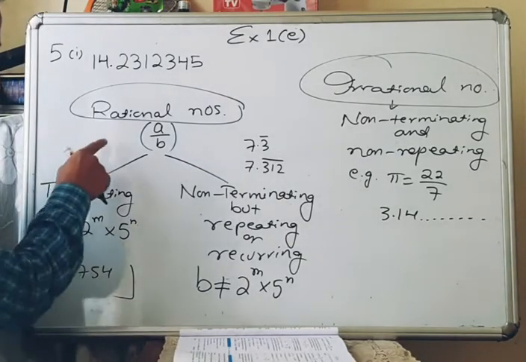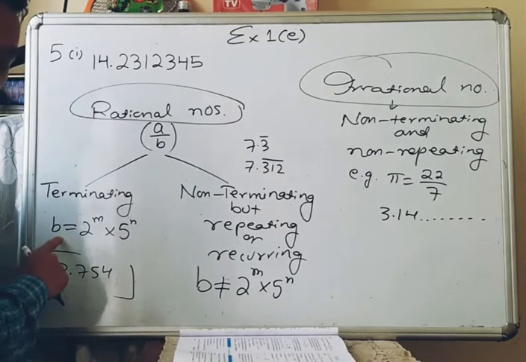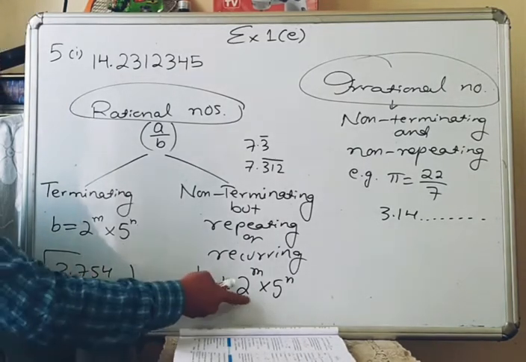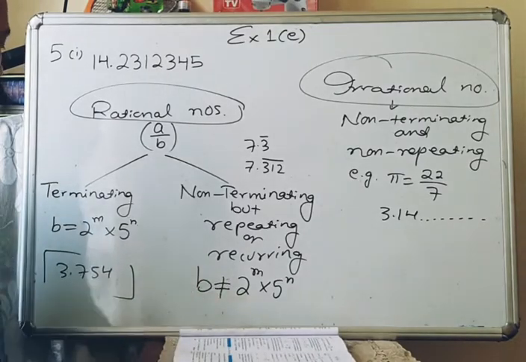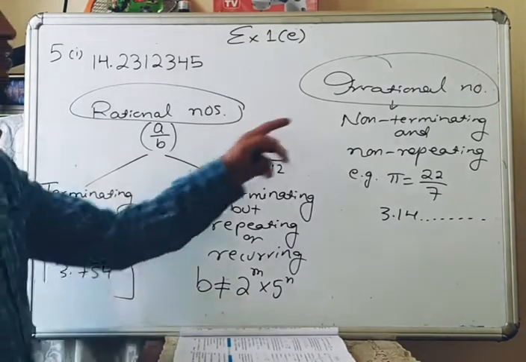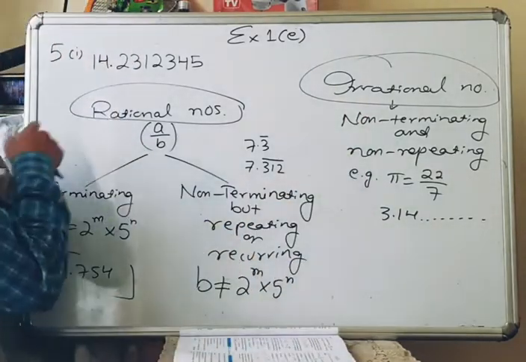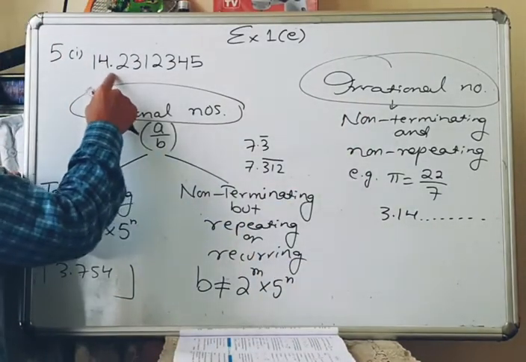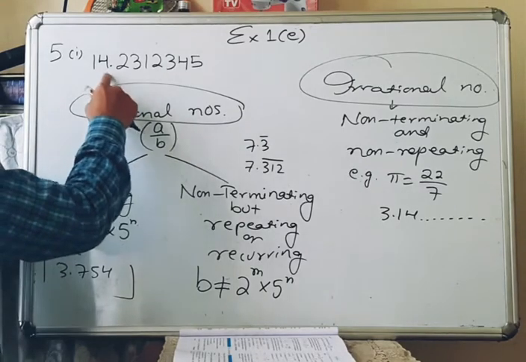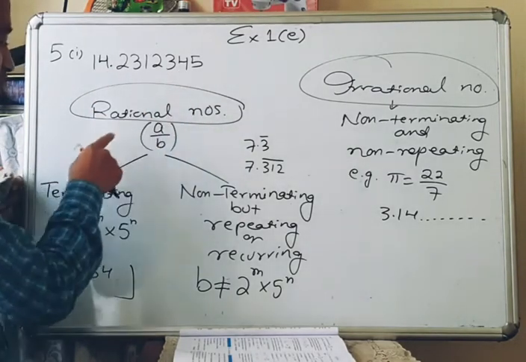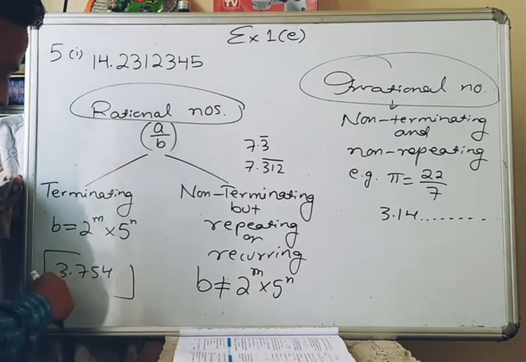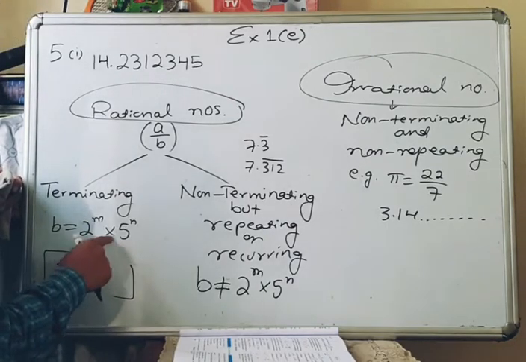So if they are rational, you have to say whether b can be written of this form or cannot. If they are irrational, you just write irrational number. This is a rational number, and the decimal expansion is terminating, so you say that b is of the form 2 to the power m into 5 to the power n.